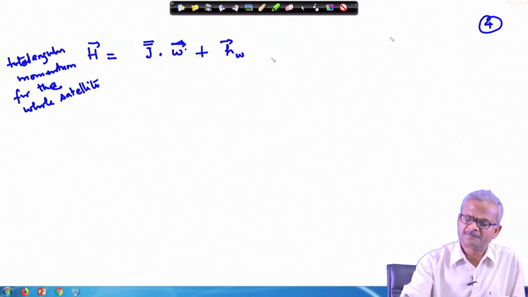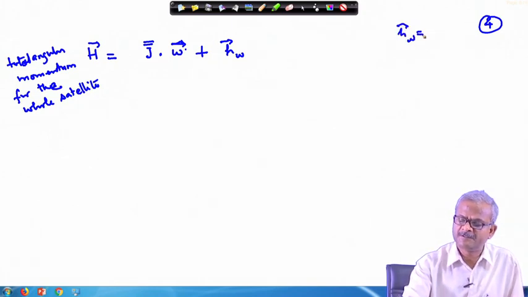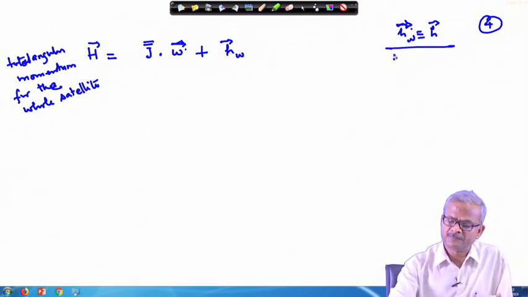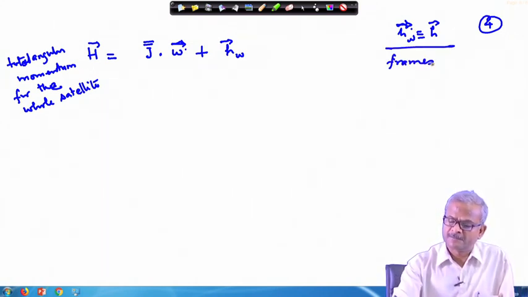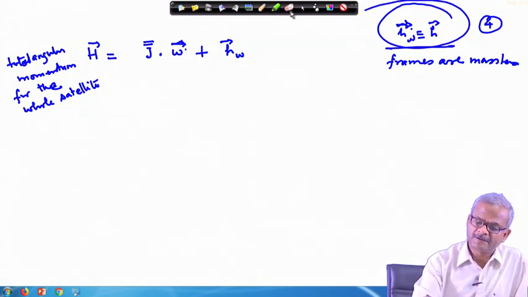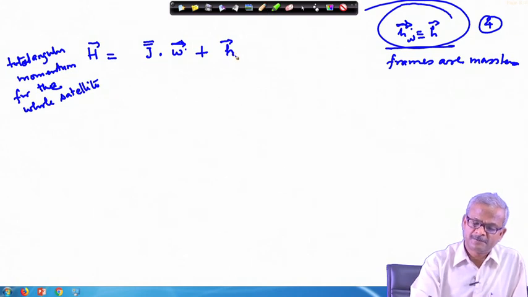Okay. h wheel or h, they are the same, h wheel is identically h. Because you are assuming frames to be massless, and therefore, only this one will count. So, either if I write here h w or h, it is the same.